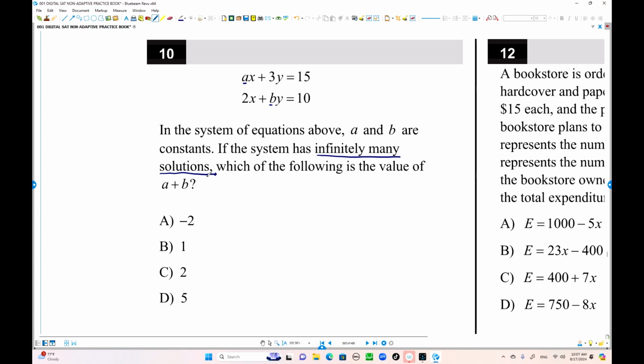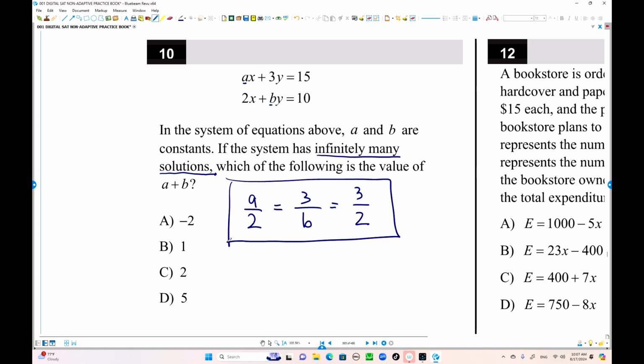To be coincident, it satisfies the equation A over 2 must equal 3 over B and equal 15 over 10. 15 over 10 is 3 over 2. It should satisfy this condition, then they are coincident. What is the value of A? Numerators must be equal, so A equals 3, and down over here, 3 equals B is 2. So A plus B is 5. Option D is the answer.